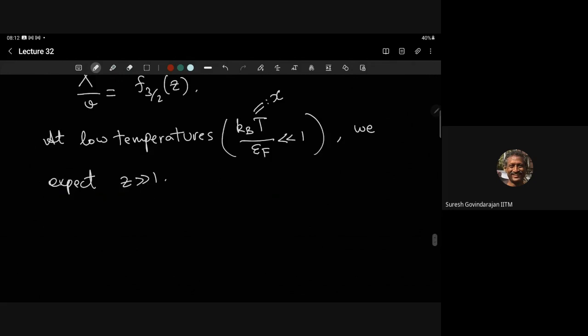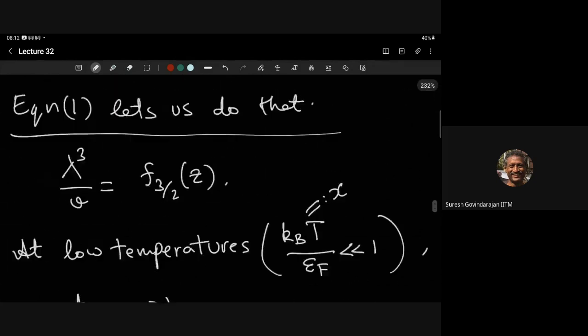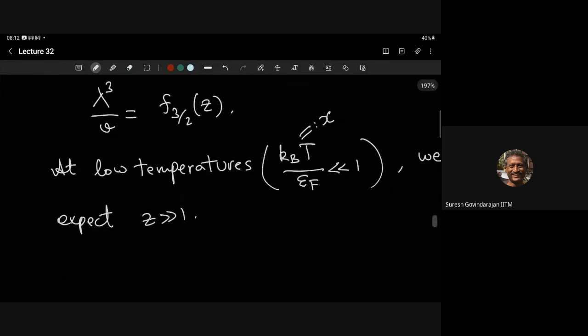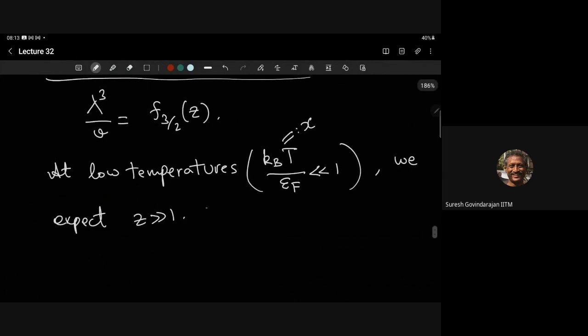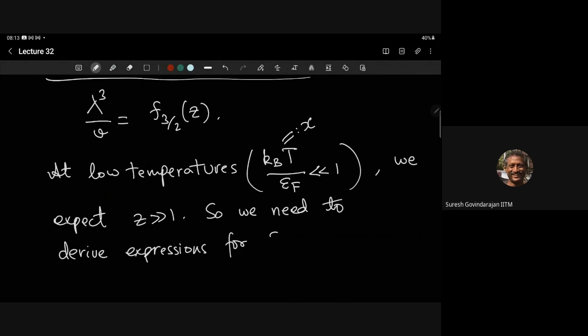So we need expressions for f_{3/2}, and the next one is f_{5/2}, for large arguments of z.